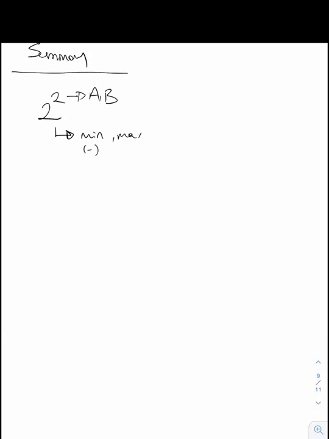Let's do the summary. Today we have done a 2 levels and 2 factor DOE. Our 2 factors were A and B, and our 2 levels were minimum, minus, or maximum, plus.